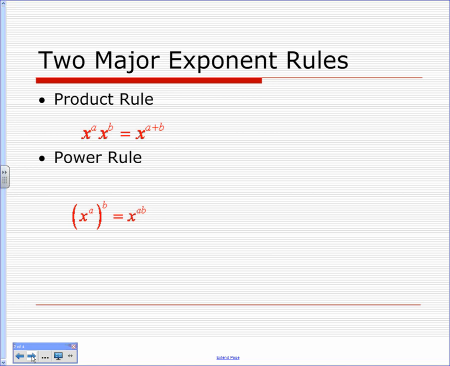What do you do with the a and the b? You multiply them. So instead of x to the a to the b, it's x to the ab. We've used these properties before. Do you remember using them? But now we're going to have variables.